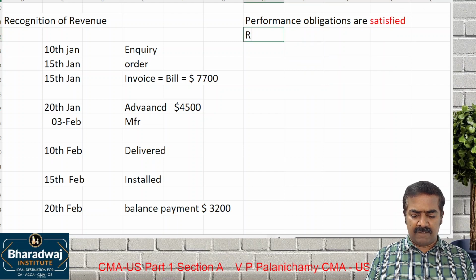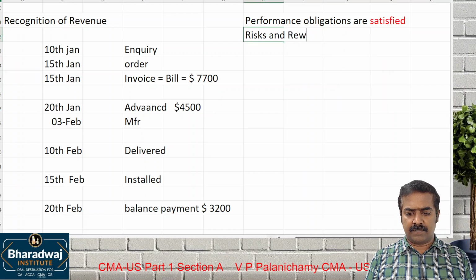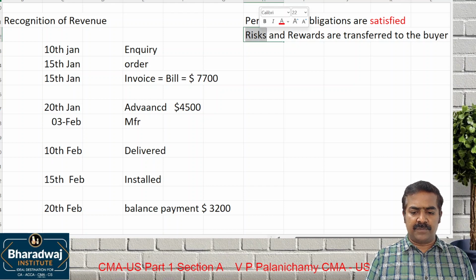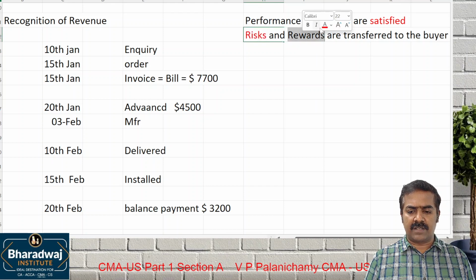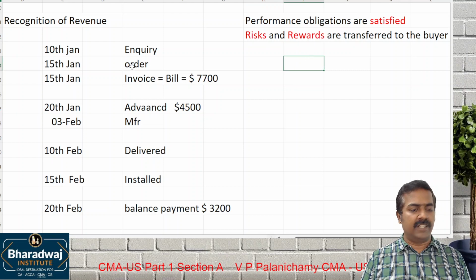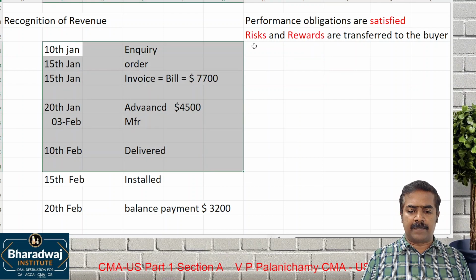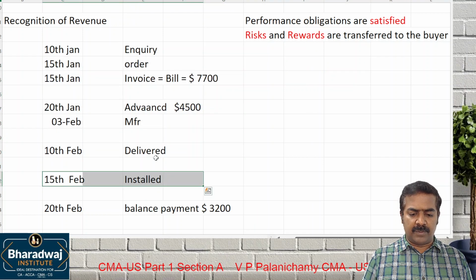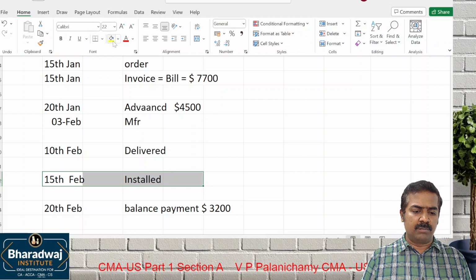Which means when risks and rewards are transferred to the buyer. Risk of using the good and reward, meaning the benefit of using the commodity, both are transferred to the buyer. You can record the income. Tell me at which point this happens. 15th February is the point at which both are happening.